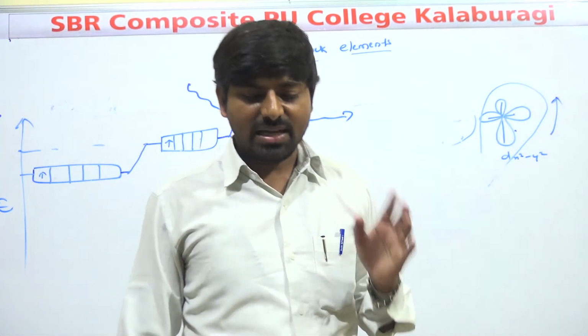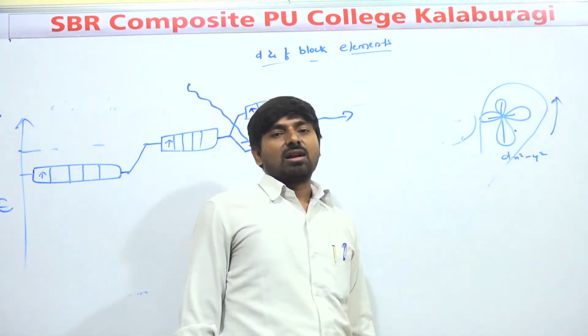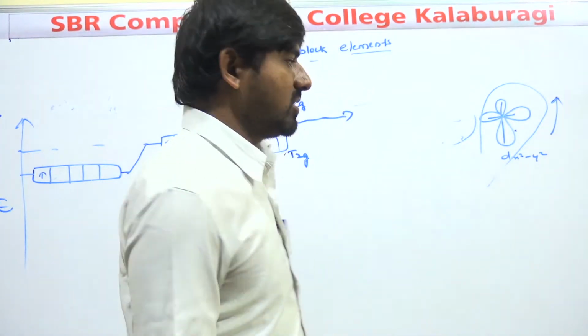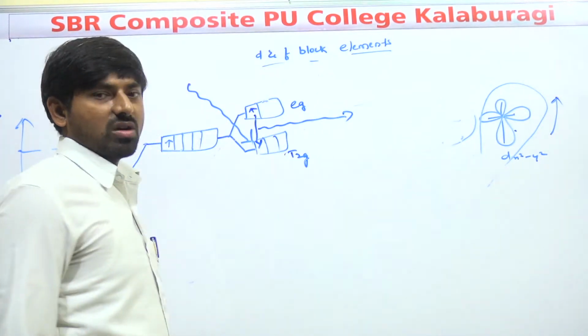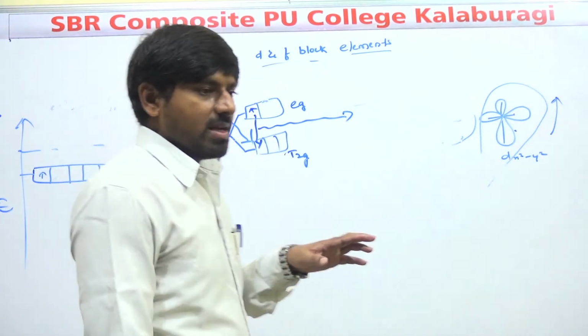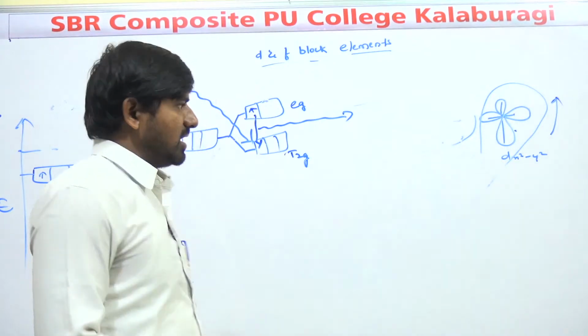Right? Simply, I can say one thing about color: unless and until electronic transition takes place, the chemical will not show color. This is what it is all about, the color of d-block elements. Now, here I am with a few more examples belonging to coordination compounds. Let me write those.